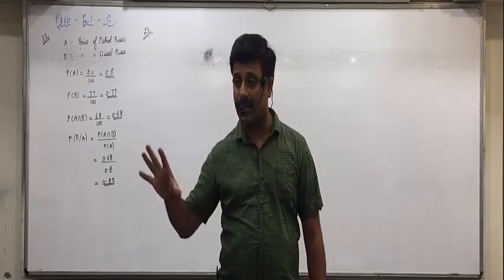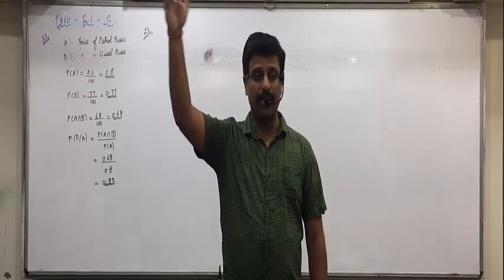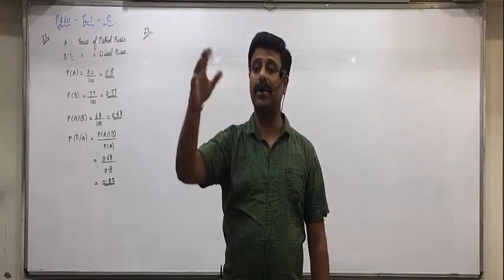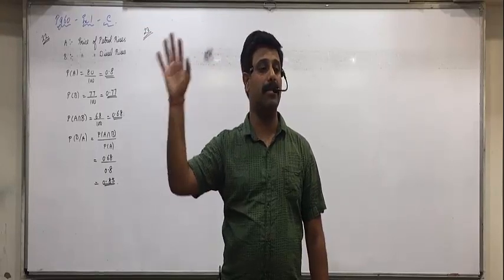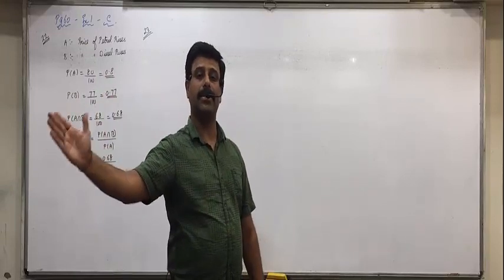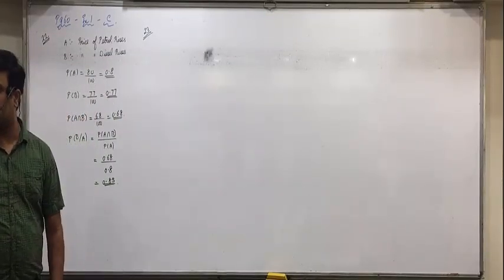We'll find all this first and then apply that lengthy formula for A union B union C: P(A) plus P(B) plus P(C) minus A intersection B minus B intersection C minus A intersection C plus A intersection B intersection C. But first we'll find all the intersections. Did you all understand this?